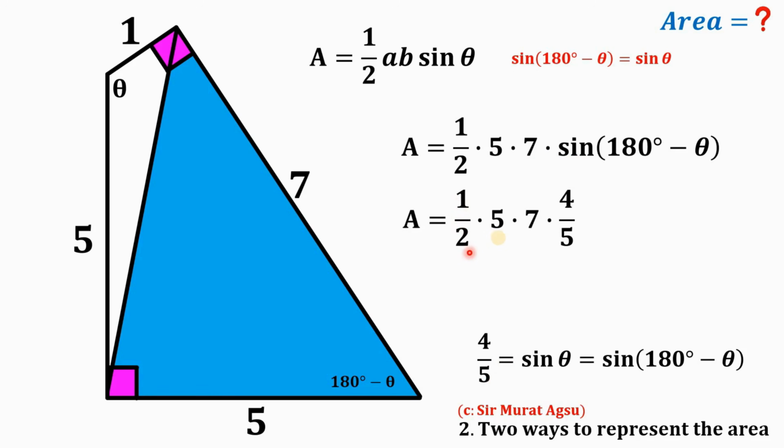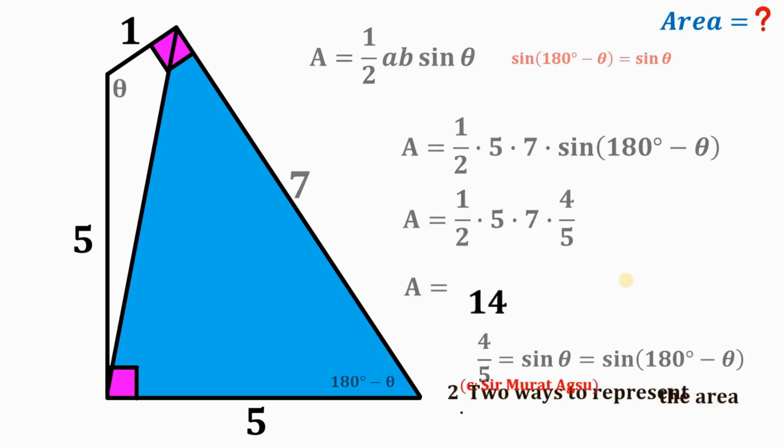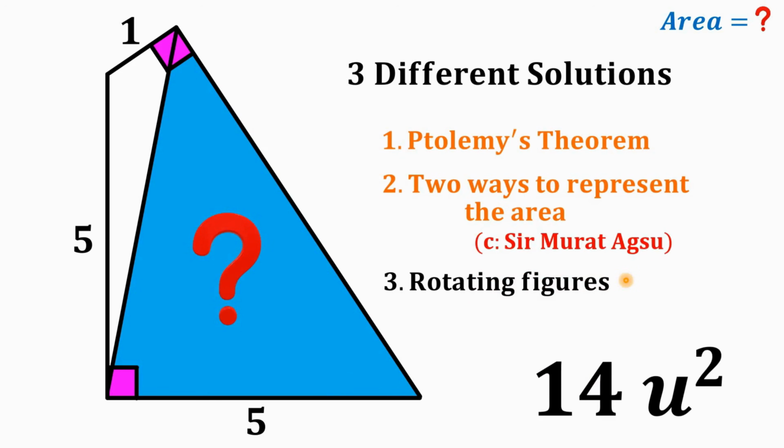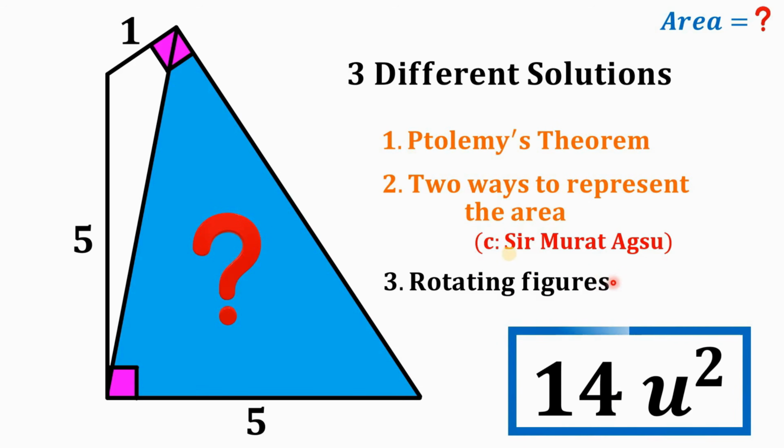Now, multiply 1 over 2 times 5 times 7 times 4 over 5. The 5s cancel out, 4 and 2 cancel out, so this is just 7 times 2, or simply equal to 14. And again, we get that the area of this blue triangle is 14 square units. And there you have it. That's our second solution.